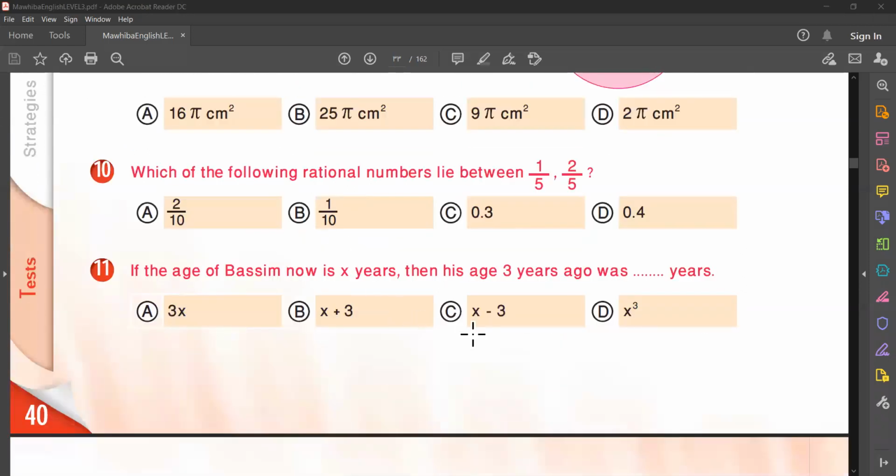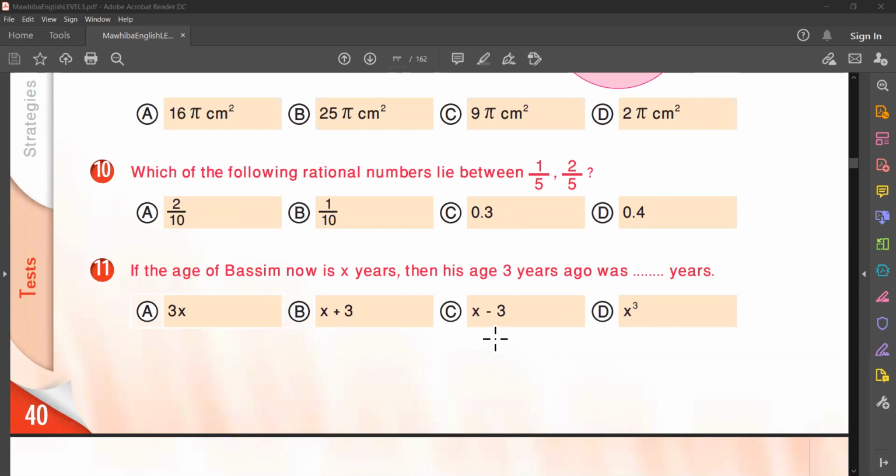Okay. Number 11 now. If the age of Basim now is x years, then his age 3 years ago was what? I think it is easy. When you read the question and you understand the meaning, you can find the answer.